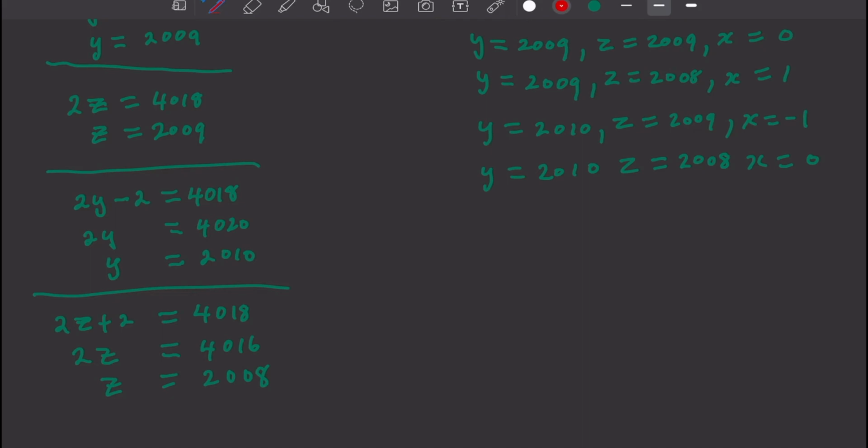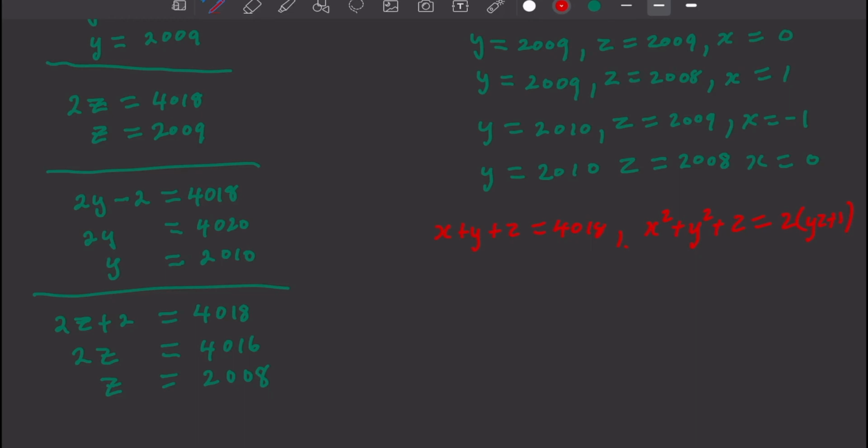So we're going to have to show that a set of these values, y, z, and x, satisfy x plus y plus z equals 4018, and x squared plus y squared plus z squared equals 2 brackets y z plus 1 brackets.